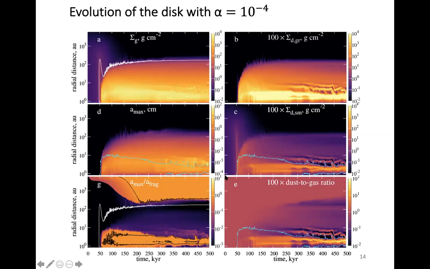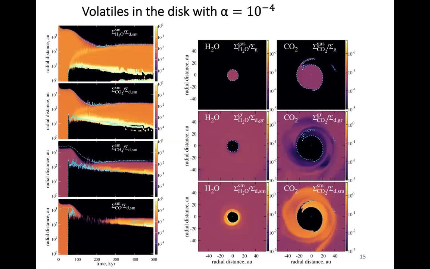But in this model, there is a prominent system of dark dust rings in the inner disk, and they are created in the dead zone. These dust rings also cause changes in the distribution of ices. For example, if we look at the ices on small dust, we can see that for CO2, there are multiple snow lines because of these complex dust structures occurring in the inner disk.